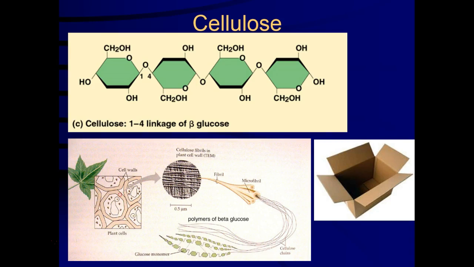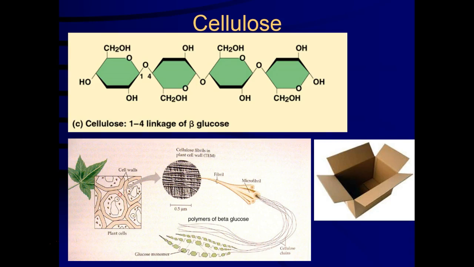In fact, I love the graphic below because it shows you an increase in scale. So you can see the individual glucose fibers. Here we start off with plant cells. If you look at a cell wall, you'll notice that it looks a lot like a textile. You've got the warp and the weave. You've got the up and down.